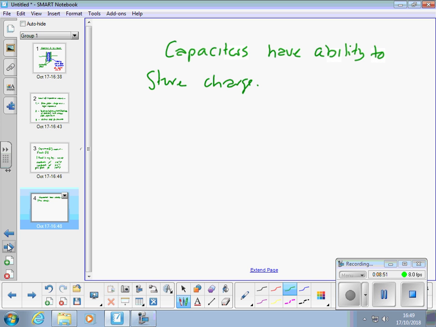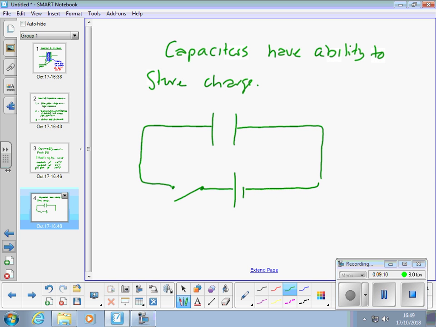If we connect a capacitor through a switch to a source that will provide an electric current, like so, when we close the switch, a current flows, I.